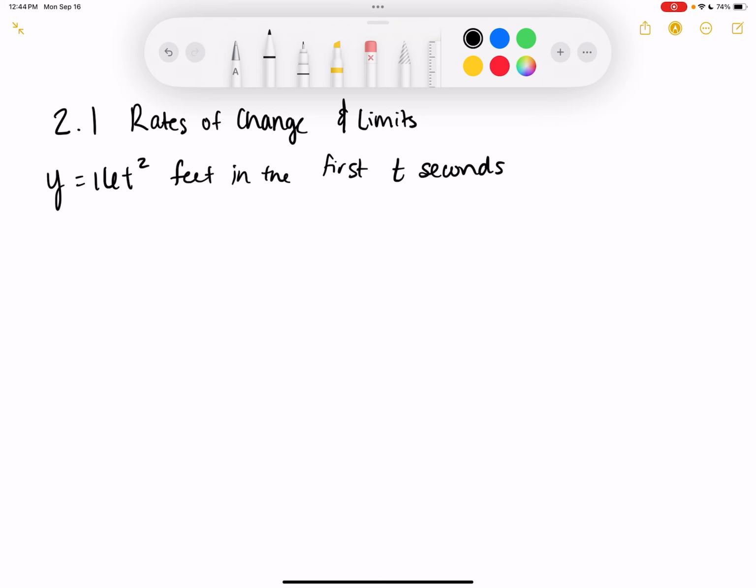Alright, so 2 says to find the average speed during the first 4 seconds of fall.